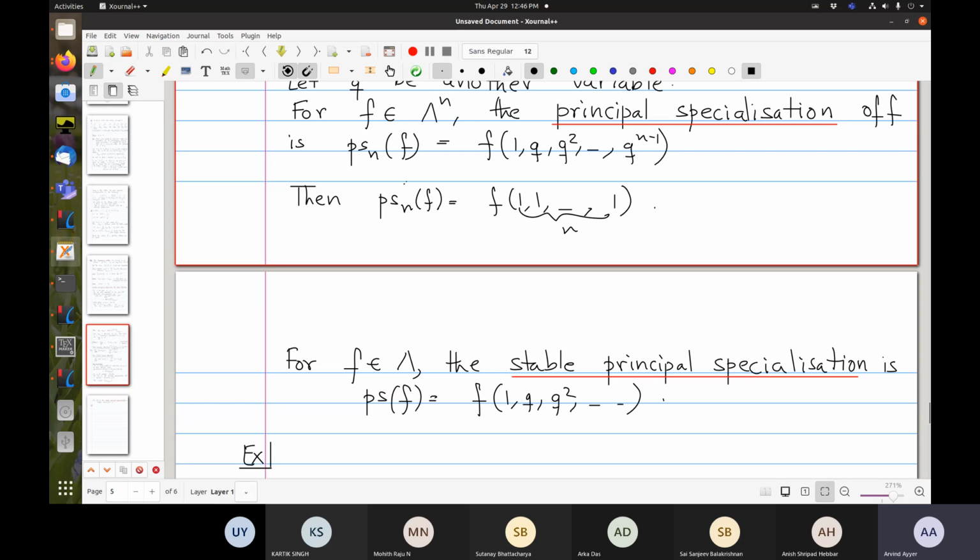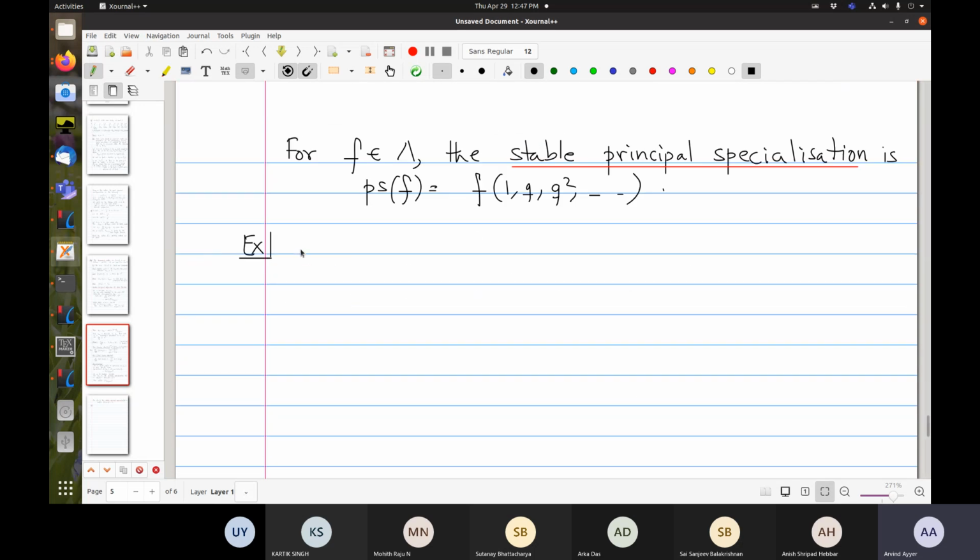If I put a 1 upstairs, that means you set everything to 1. So it's a principal specialization at all ones. Here is the exercise. For the power sum symmetric functions, p lambda, the principal specialization ps n has this nice formula: product i equals 1 to the length of lambda of 1 minus q to the n lambda i divided by 1 minus q to the lambda i.